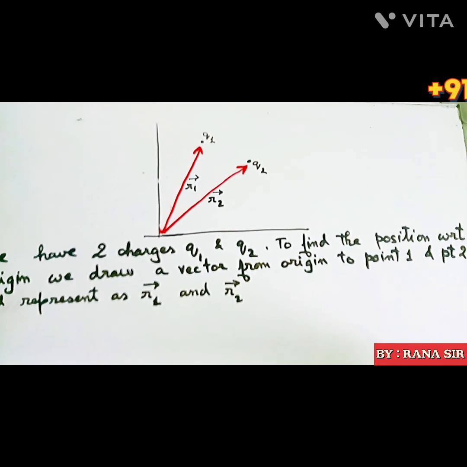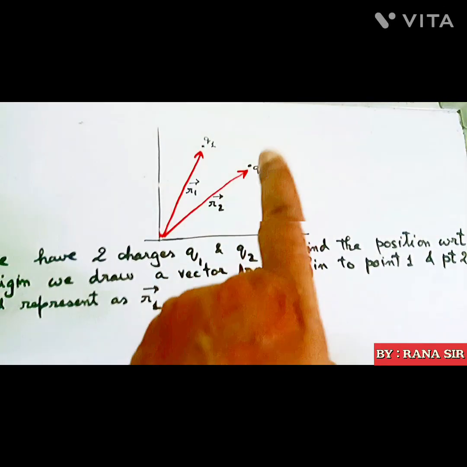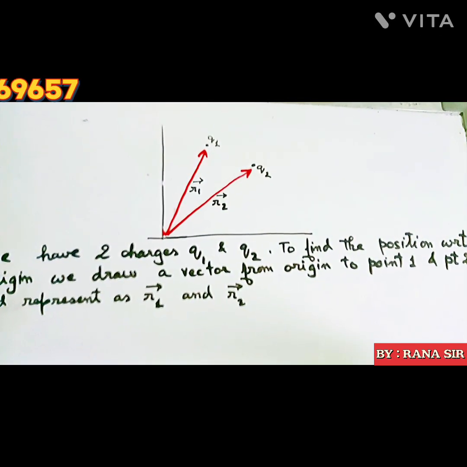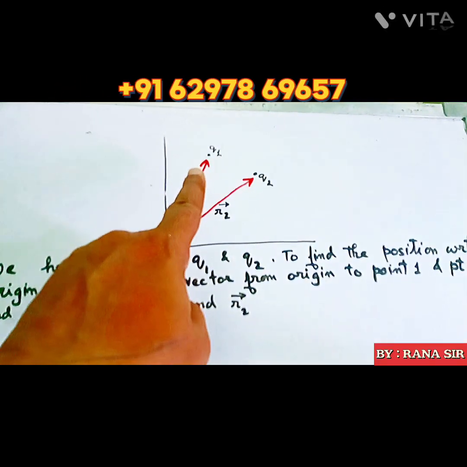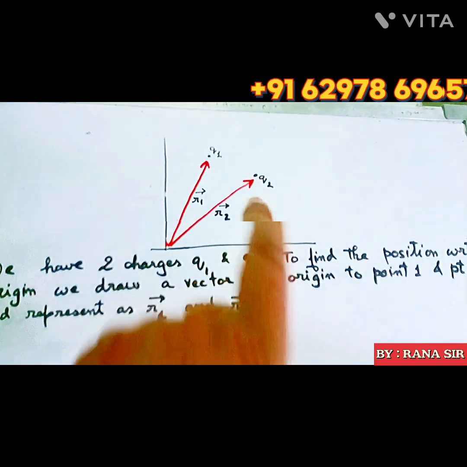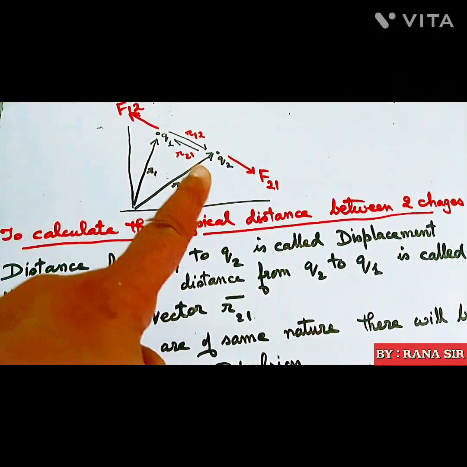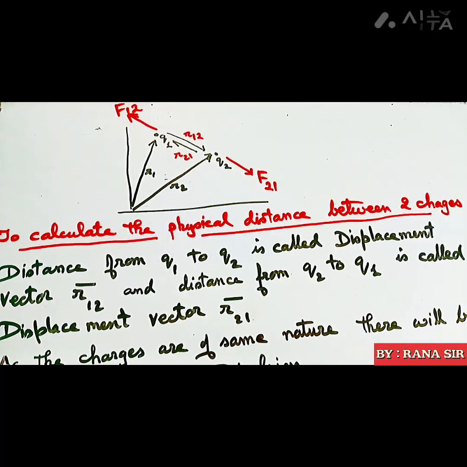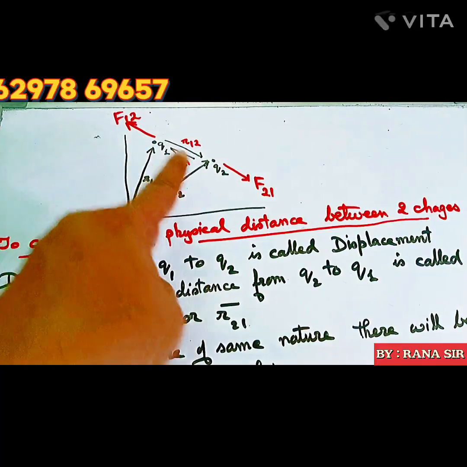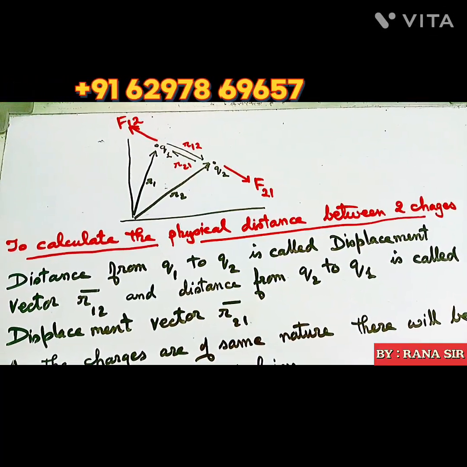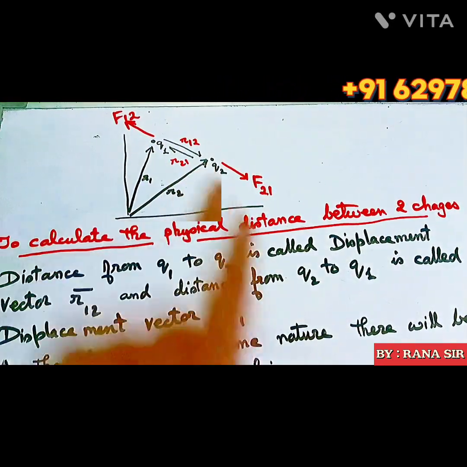Also, to find the position of charge Q2 from the origin, we draw a line from the origin to point 2, and we name the vector R2. Now we will find the distance between the two charges. So far we have got R1 and R2, the two vectors from the origin.